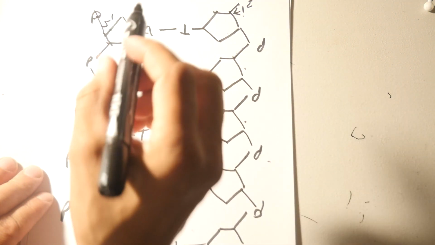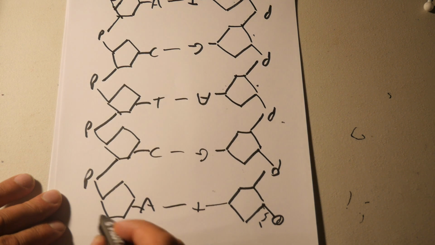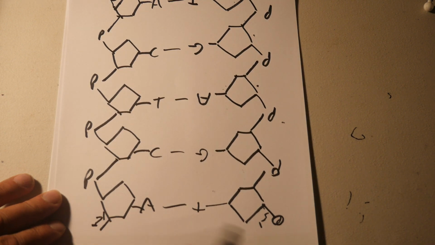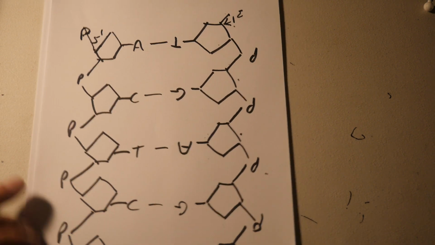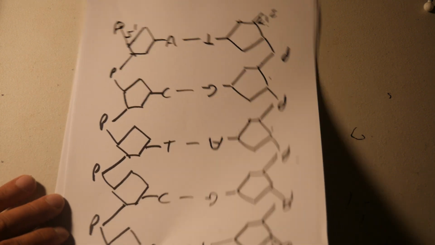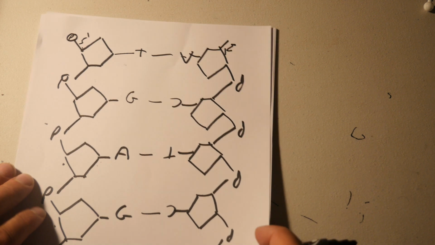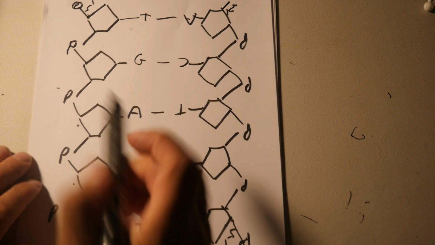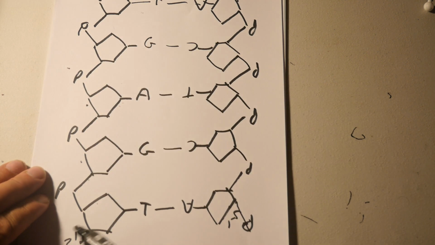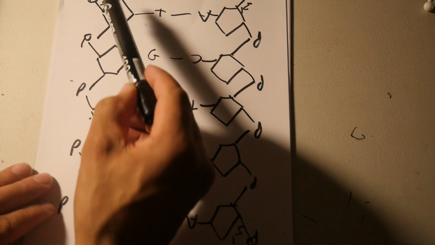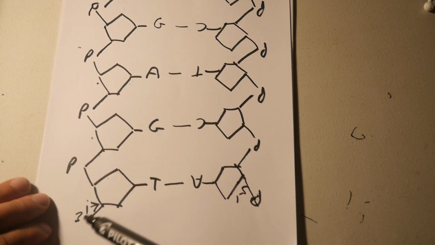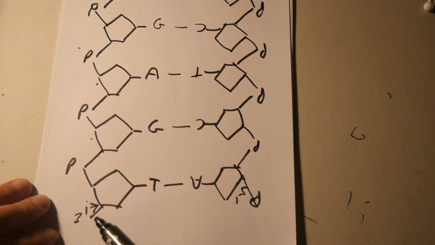That's the 5' carbon, and that's the 3' carbon. So I could turn it around, it's exactly the same. This is why it's 3' to 5'. If that's the end of the molecule, this is 5', and that's 3'. That's where it stops.